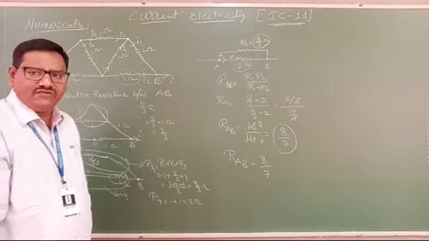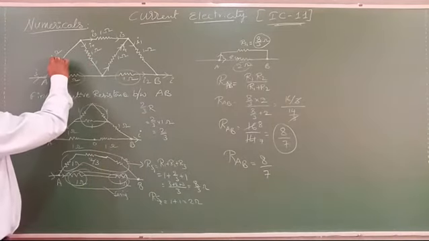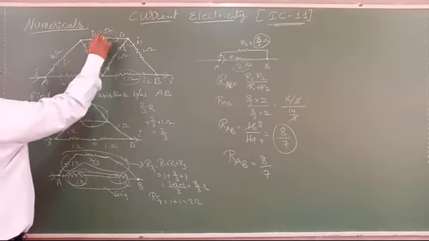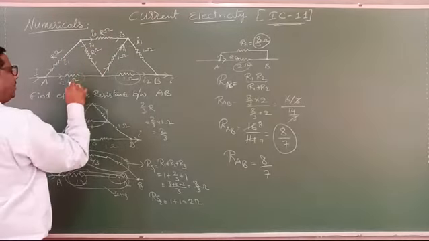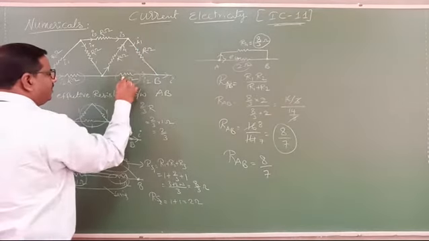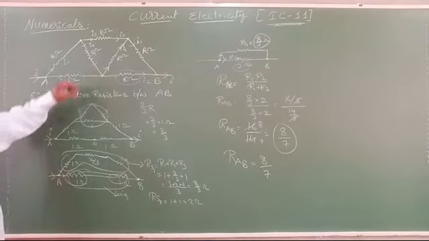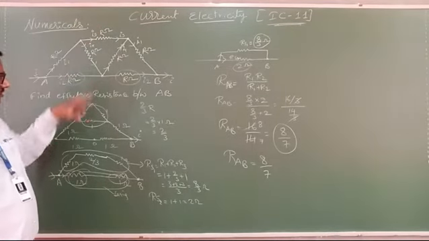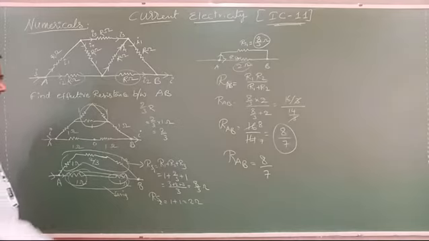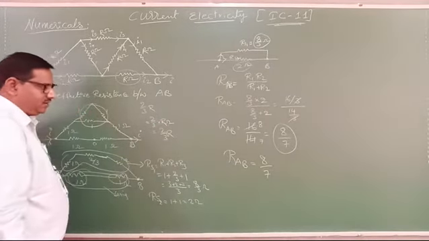Suppose you want to create a shortcut. Instead of these 1 ohm, I will take it as R, here also R, here also R. Then how can I write? These are all nothing but 2 by 3 R. Then here I write 2 by 3 R. Clear?